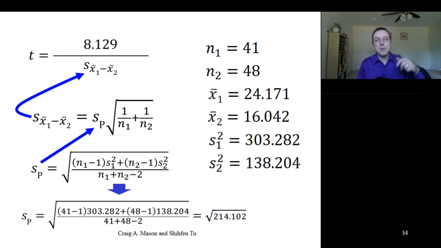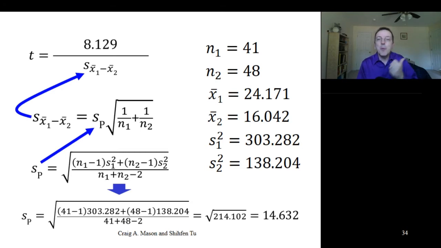But going back to our problem, remember, we want the pooled standard deviation, so we need to take the square root of the pooled variance, the square root of 214.102, which gives us 14.632. Now, just like the pooled variance, 214.102 fell in between the two sample variances.